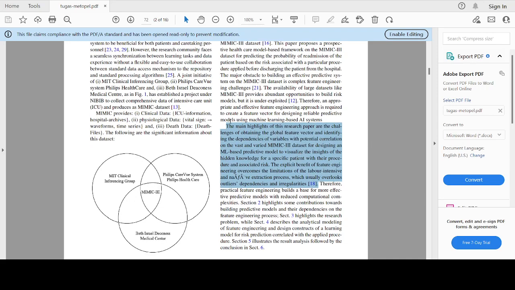So basically, the prediction is already helping on that part, on helping decide and helping manage the patient flow of the hospital.